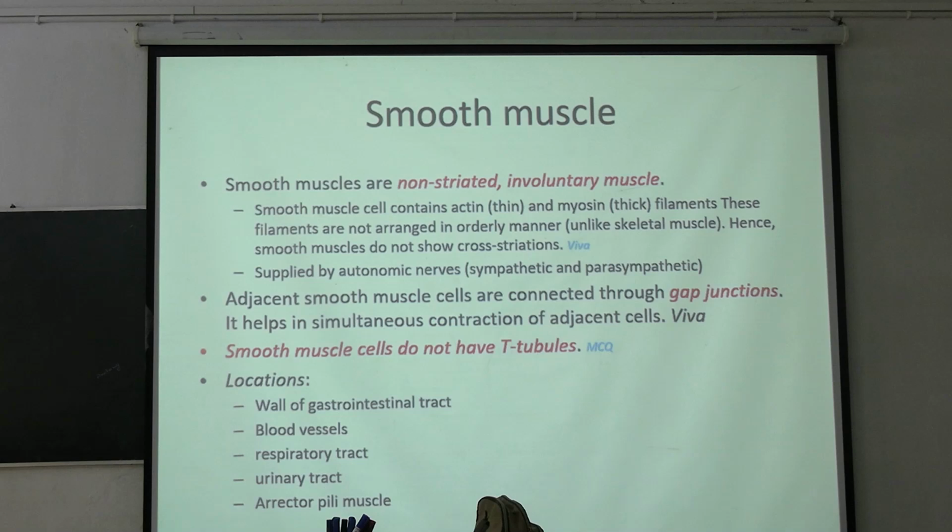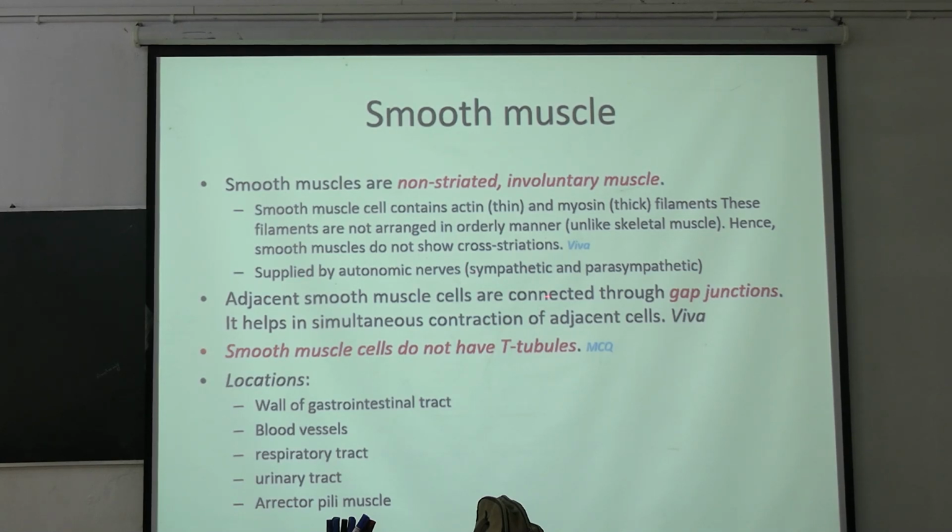Now smooth muscles. Smooth muscles are non-striated, involuntary muscles. Smooth muscle cells contain actin and myosin filaments. These filaments are not arranged in an orderly manner, unlike skeletal muscles. Hence, smooth muscles do not show cross striation. They are supplied by autonomic nerves, sympathetic and parasympathetic.